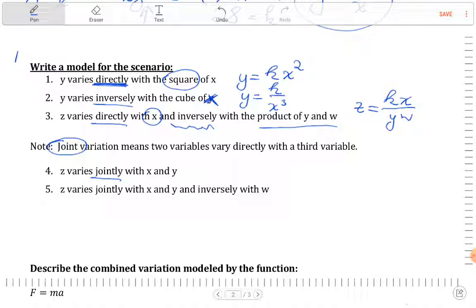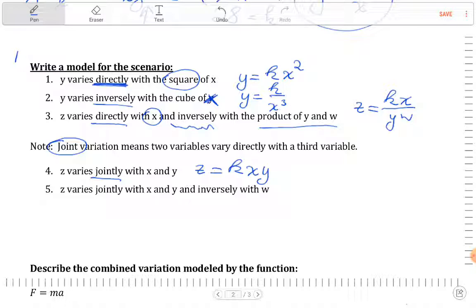So instead of repeating direct variation twice, I use the word jointly. So I know that z is jointly direct variation, means multiplication with the constant k of x and y.